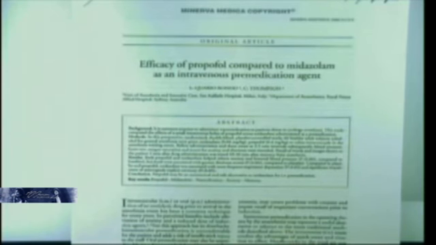And there was a third group, which was a control group that got a placebo. So it was a properly conducted, randomized, double-blind study. The observations were made by blinded observers, and they looked at things like anxiety level, respiratory changes, blood pressure changes, other side effects of the drugs, like whether the patient had dizziness, over a period of time prior to going into the operating room and undergoing general anesthesia.